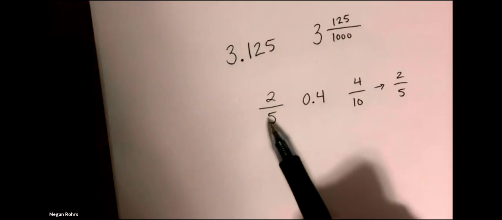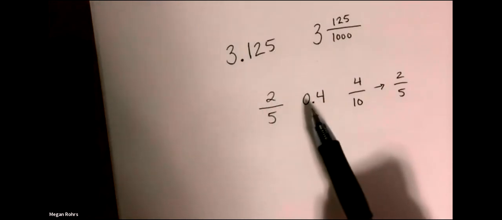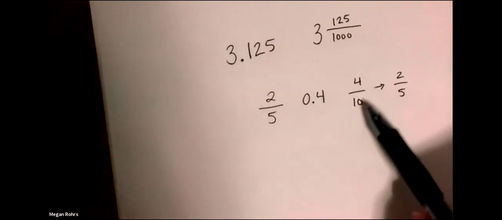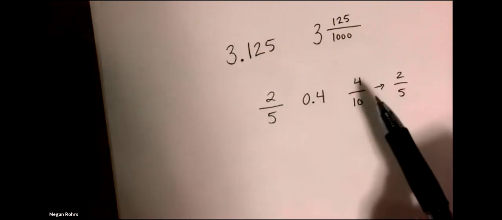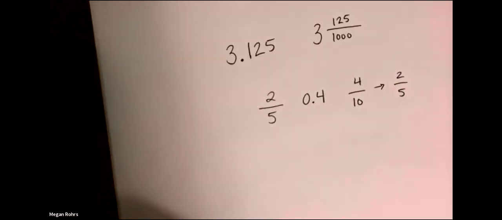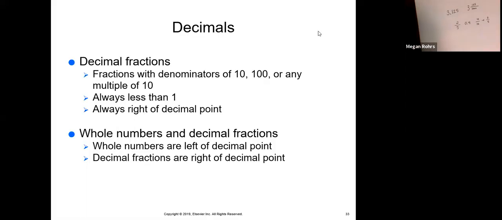So all 3 of these, 2 fifths, 0.4, and 4 tenths, they all have the same value. They're just interpreted differently. So keep that in mind. Decimals are always to the right of the decimal point. Whole numbers are always to the left of the decimal point.